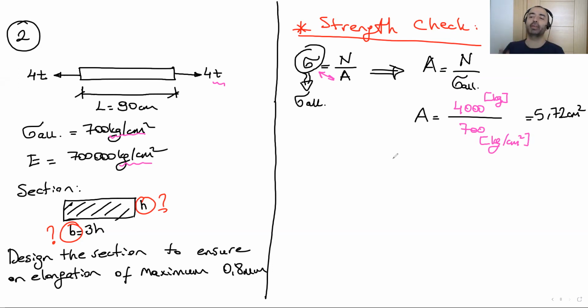If I use an area less than this one, I go beyond the allowable stress, so it doesn't work for me. My section will fail. So this is the minimum required area. We can't use an area less than this one. You can use greater areas, that's okay, but we can't use smaller areas than this value. Okay, this is the strength check. Let's do the elongation.